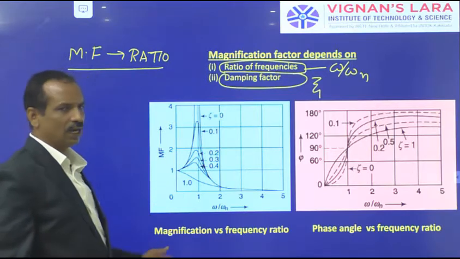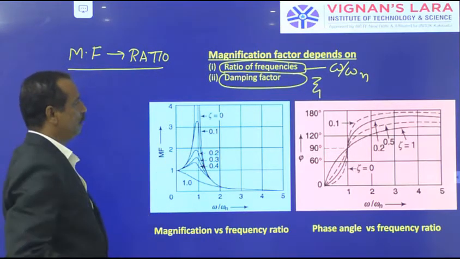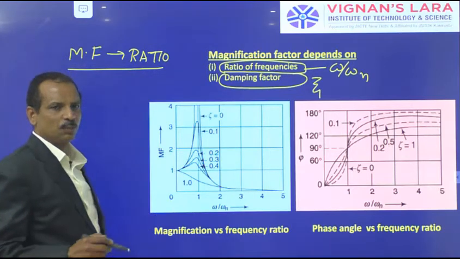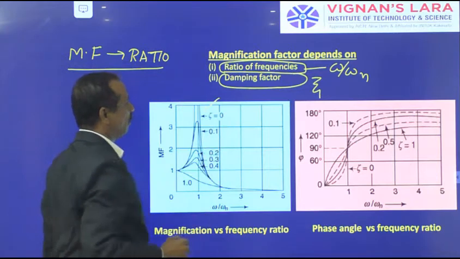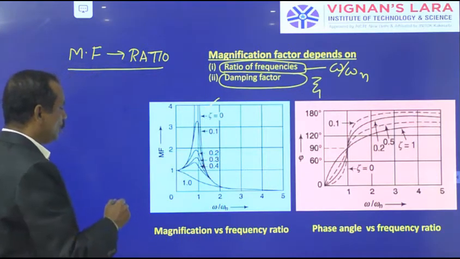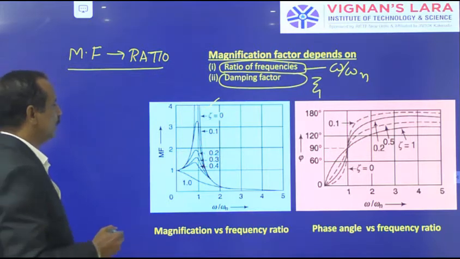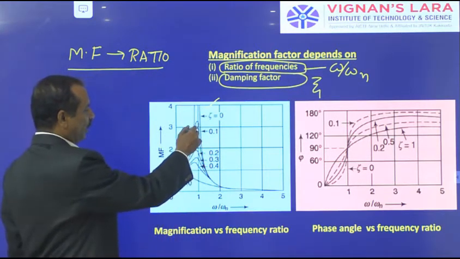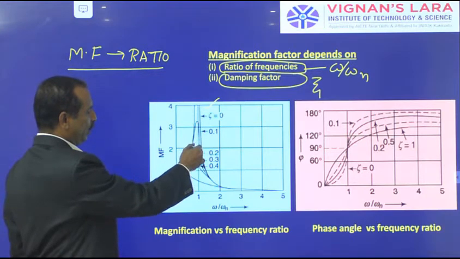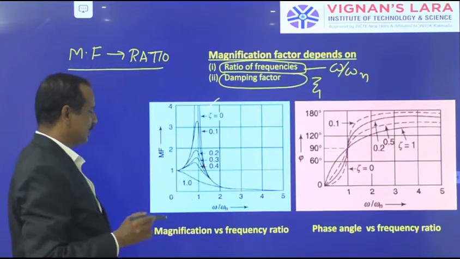You can plot the graph to get the behavior of the magnification factor with respect to various frequencies under different damping factors. You can see the phenomenon here. Zeta 0 is no damping. Then further damping is provided, like 0.1, 0.2, 0.3, 0.4. All these are underdamping cases.